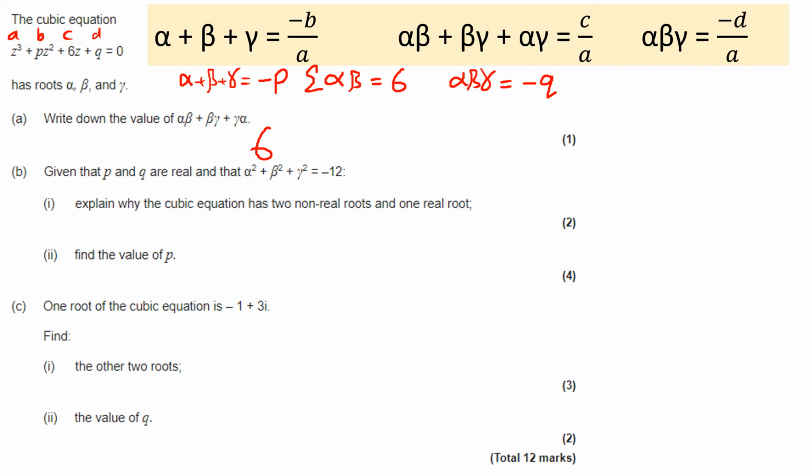So part B, we're told p and q are real, okay, so they're whole numbers, and that alpha squared plus beta squared plus gamma squared is minus 12. So why have we got 2 non-real roots and 1 real root? And this is an explain. So there are 2 points here. The first one is we know that they are non-real because the sum of squares is negative.